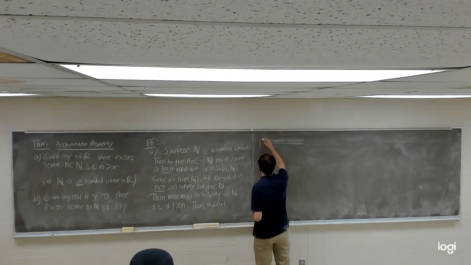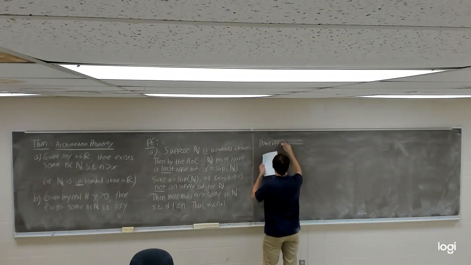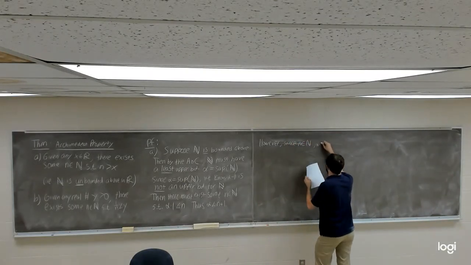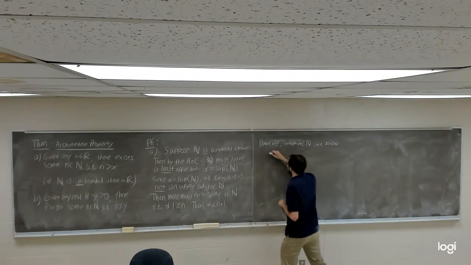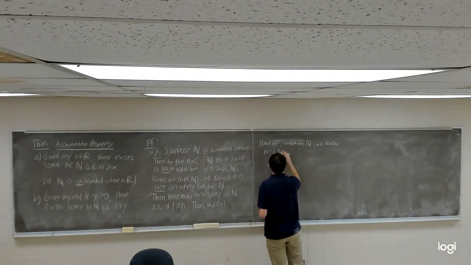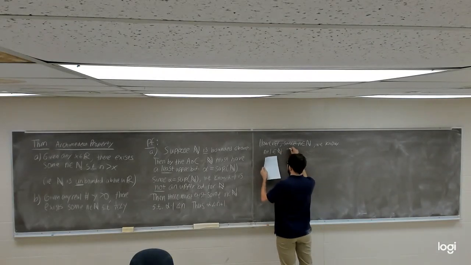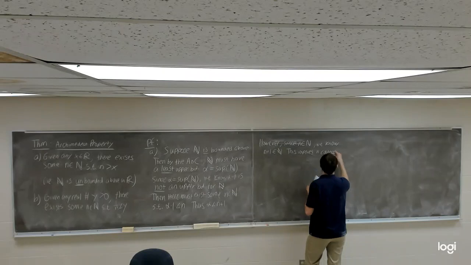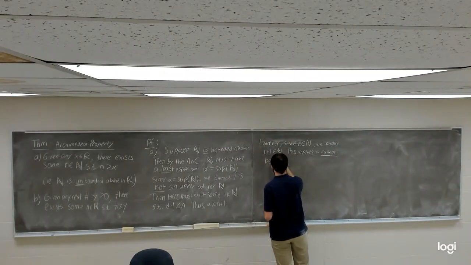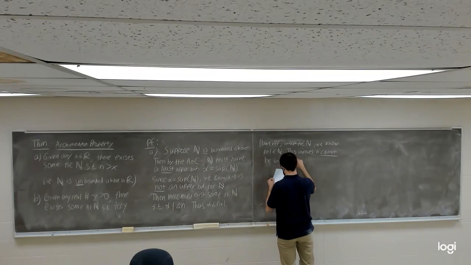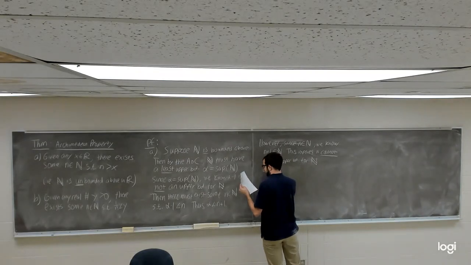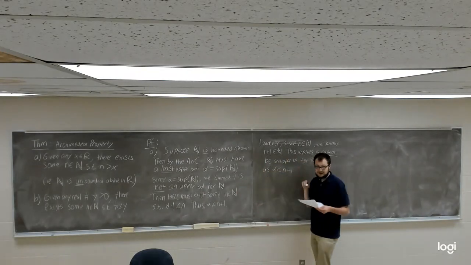So writing that down, we can say, however, since little n is a natural number, we know that little n plus 1 is a natural number as well. This implies alpha cannot be an upper bound for the set of natural numbers as alpha is less than a natural number that is n plus 1.